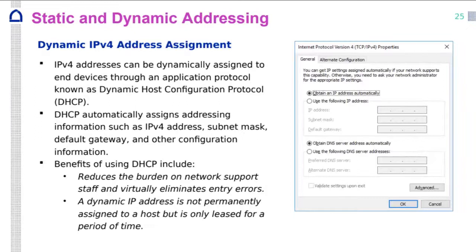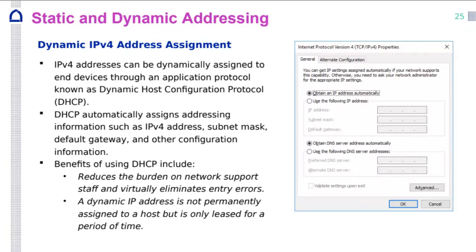We will do one DHCP lab. The DHCP will have a scope. The scope is a pool of addresses available to be leased to hosts for a limited time, for a defined duration.